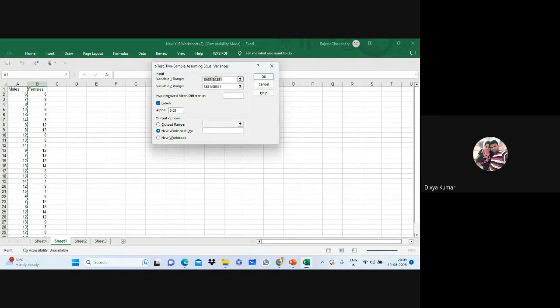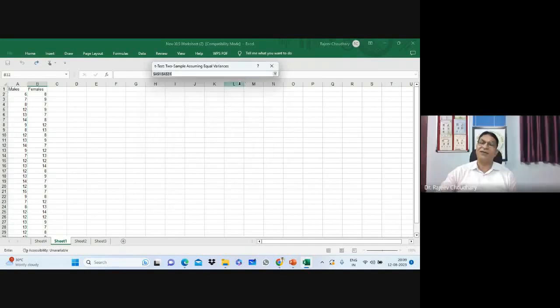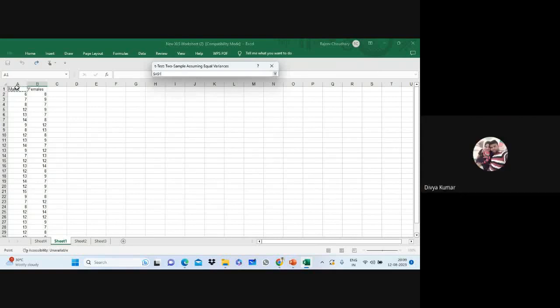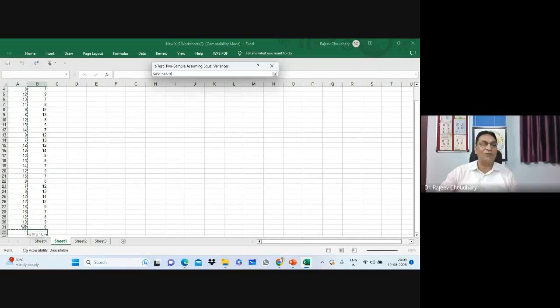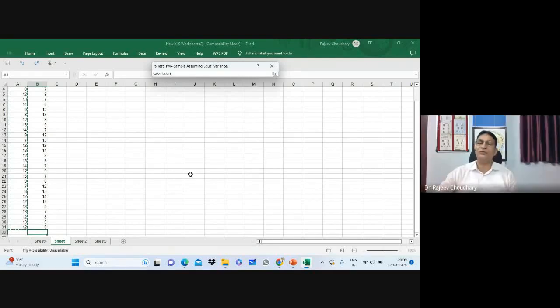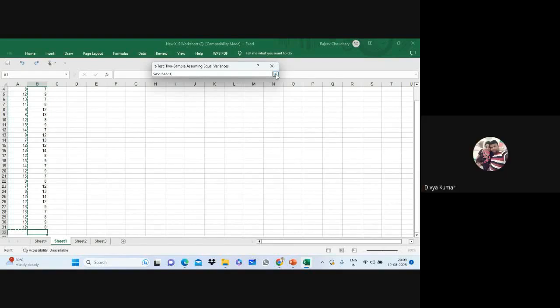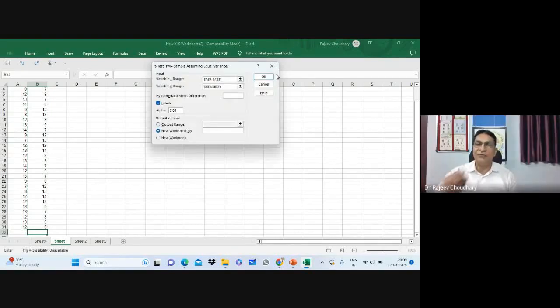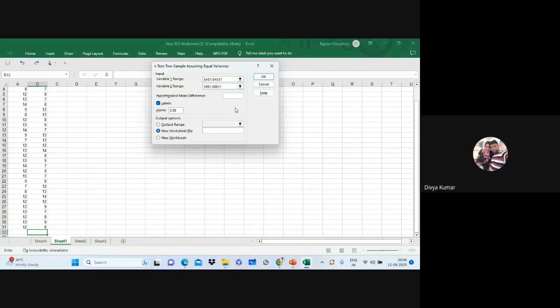Variable 1 range, go to the arrow mark against it. Now select all the male scores, the scores of one group. Is it okay? Yes, sir. Again click on the same arrow. Go to variable range 2 and the arrow mark against it.